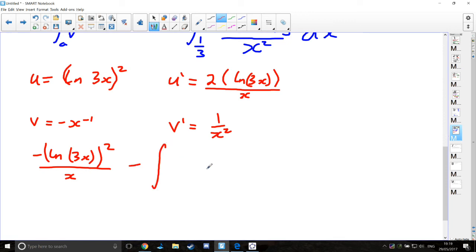Minus the integral of v u dash, so that's minus x to the minus 1, and we've got u dash here, which is 2. Oh, horrible. Absolutely horrible.